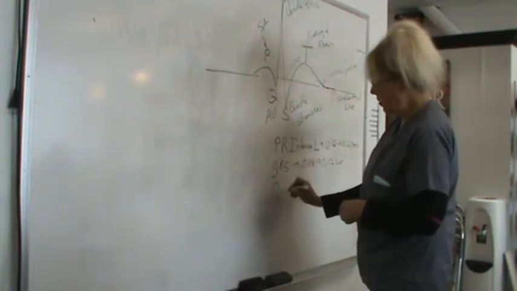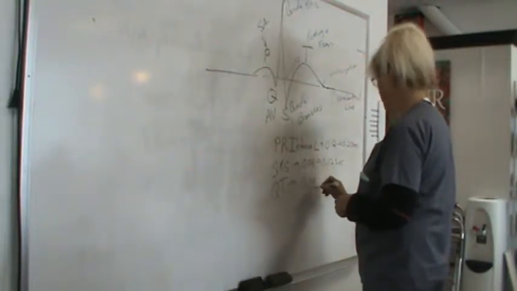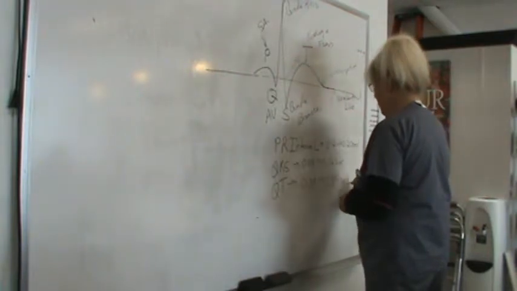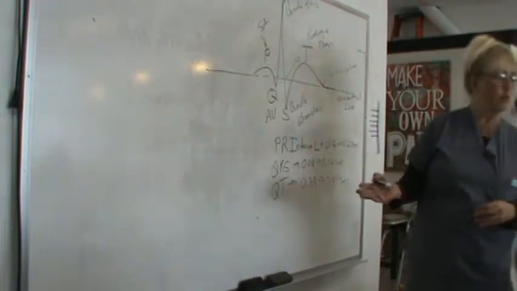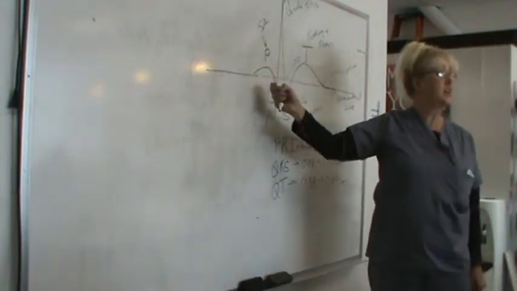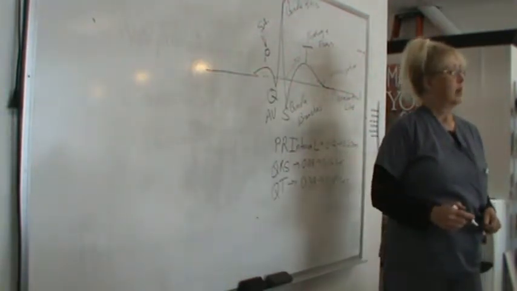We're going to look at the QT interval, which is typically 0.34, 0.36 to 0.44 seconds. And you almost have to memorize these to be able to determine whether or not you have a normal rhythm. First thing we're always going to look for to know that it's a sinus rhythm is a P wave, right? It's got to have a P wave.